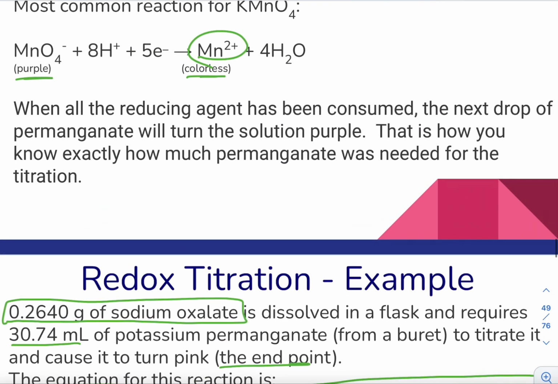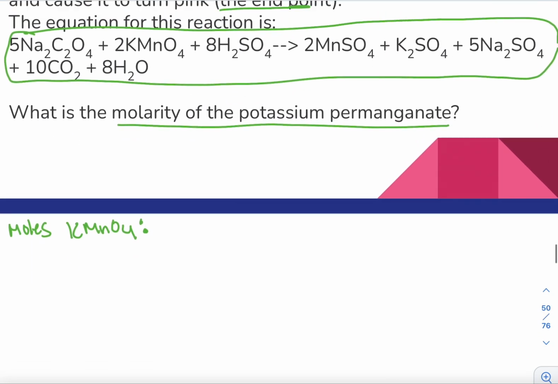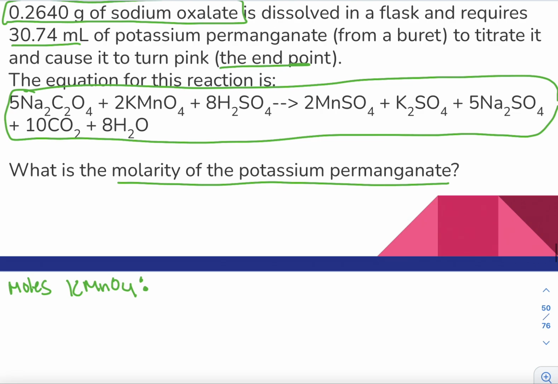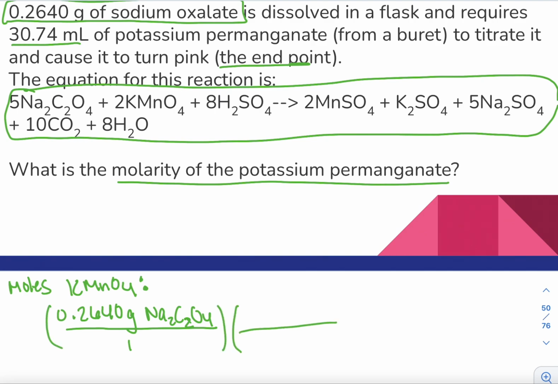Well, I mean, we're doing this one backwards, right? Because we're adding the KMnO4. So we're going to wait till it turns that pink-purple color. Okay, so we know that the entire sodium oxalate reacts. So we're going to take that grams of sodium oxalate, and we're going to convert that to moles of KMnO4.